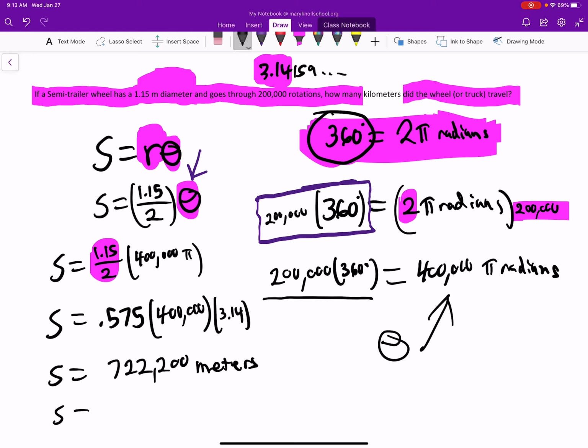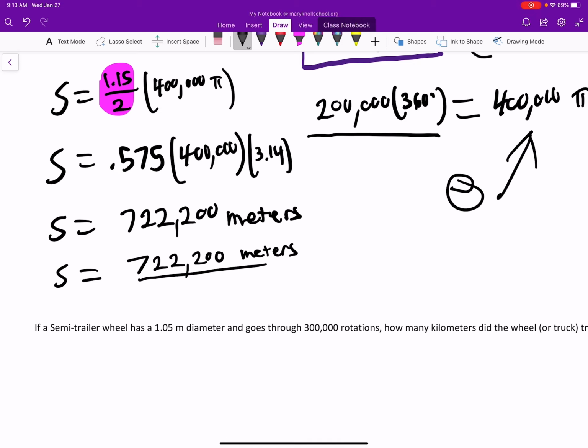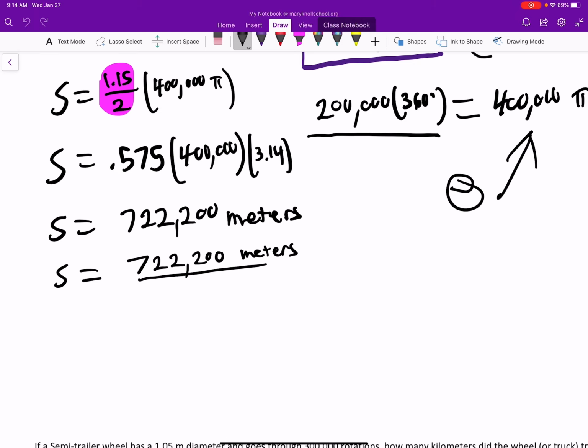So S, we need to change this. 722,200 meters. But what we need is kilometers.